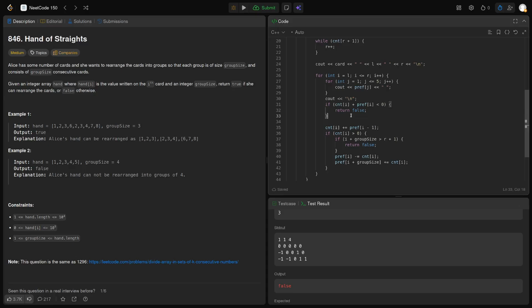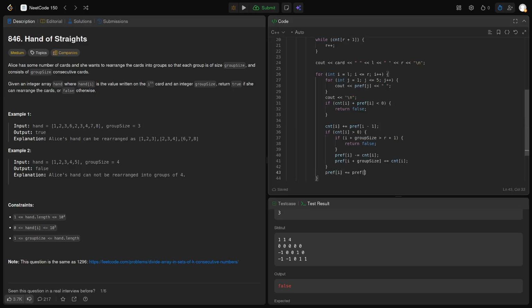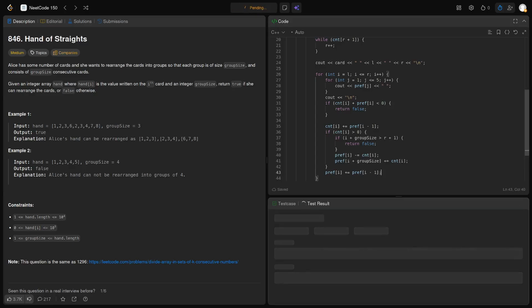So first I'm at I, right? And now this prefix is nothing, right? Okay, so when I'm at second number, this is the prefix, right? And at third number, this should be the prefix. Like this, maybe.